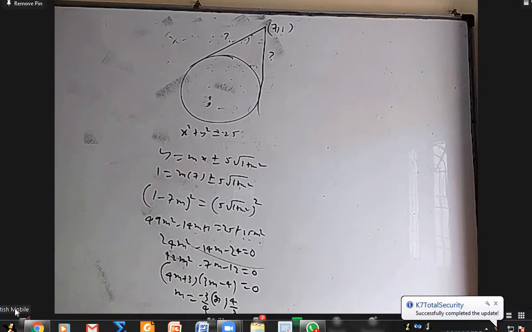Find the sum of the slopes of these two tangents.